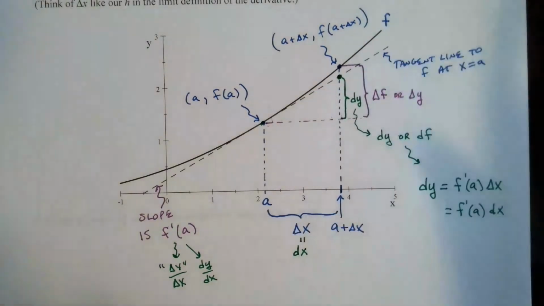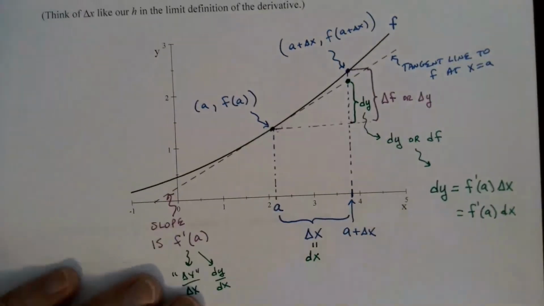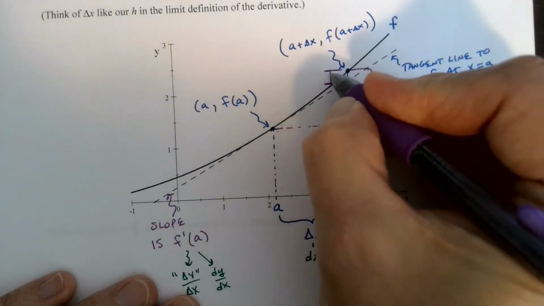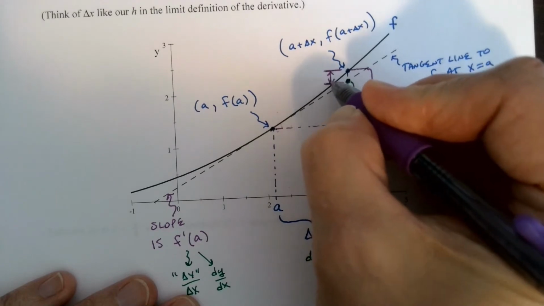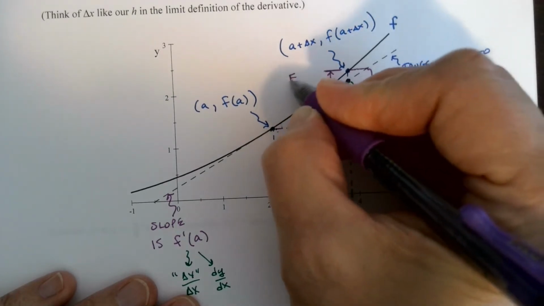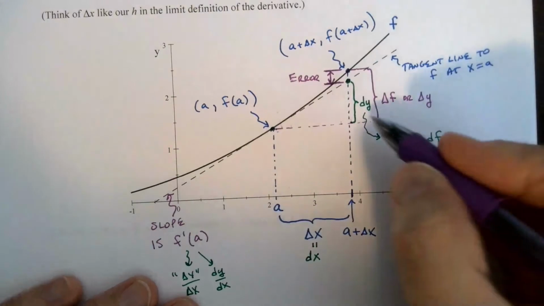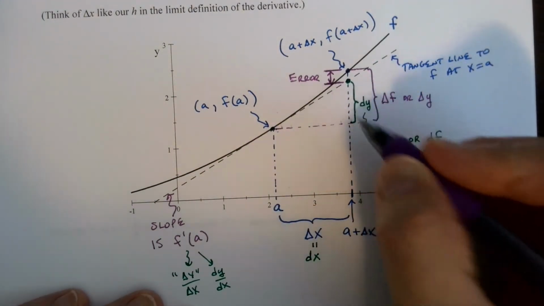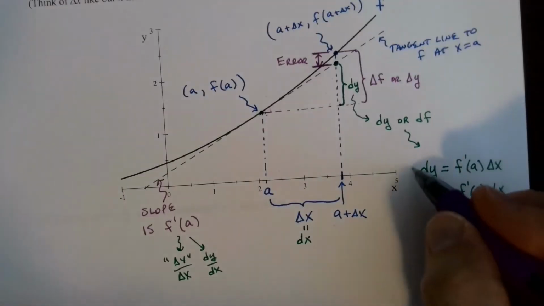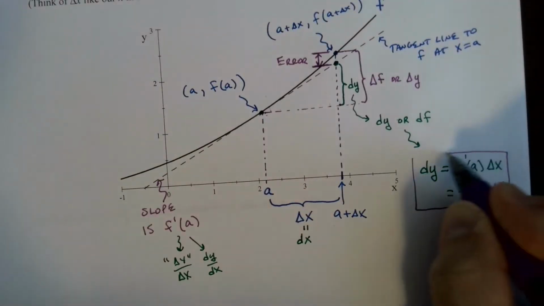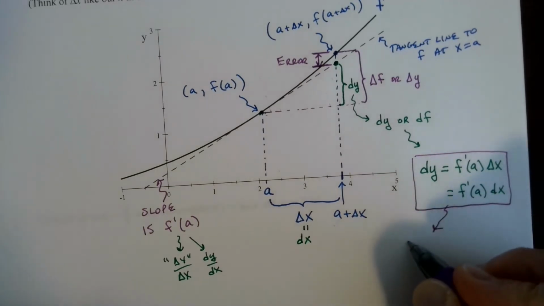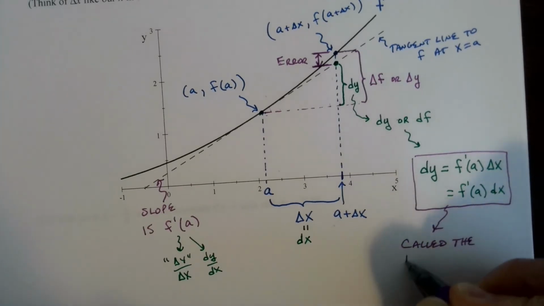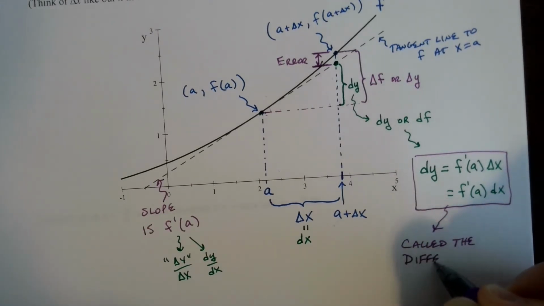In fact, real important here, this vertical distance between these two values is what we refer to as our error. That's how much the change in f or change in y differs from this so-called differential.